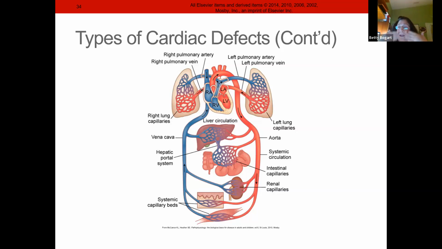You'll have nosebleeds. Those are 2 signs and symptoms of a coarctation or a kink in the aorta that you would see, whether at birth, decreased pulses or no pulses, decreased lower extremity blood pressures, and higher upper extremity blood pressures. And in older children, headaches, nosebleeds. So these are some of the signs and symptoms we'll look for.